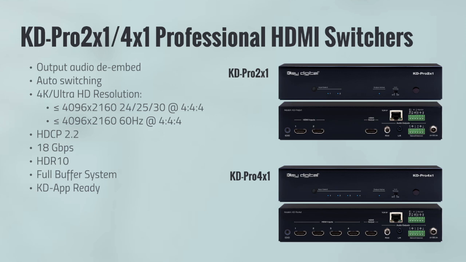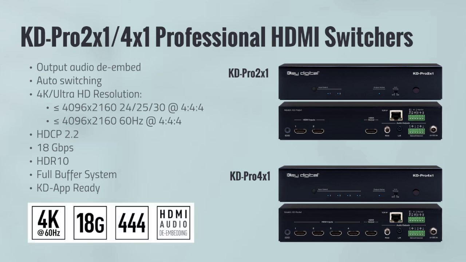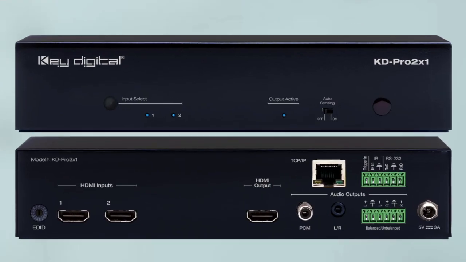They have audio de-embedding on analog and digital, and they support full 4K UHD resolutions up to 18 gigabits per second while offering HDCP 2.2 compliancy. These products feature our full buffer system for EDID handshaking, HDCP authentication, TMDS reclocking, and fixed hot plug detection. And because they are IP controllable, they are Key Digital app ready.